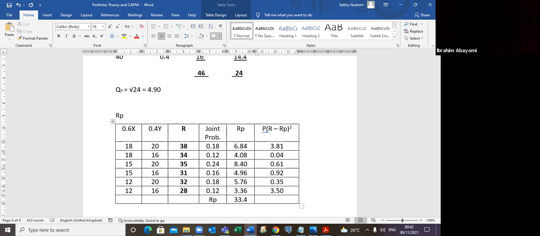So add everything together, that's the variance.